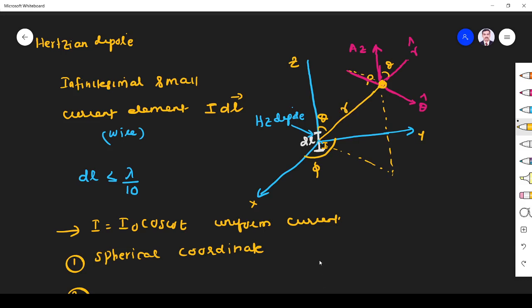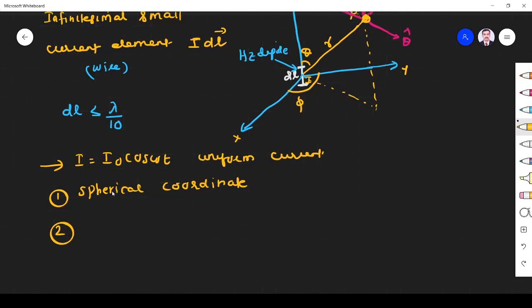First I fixed a coordinate system. Next I find the potential at this point. The vector magnetic potential at this point is given by A equals mu IDL by 4 pi R into AZ.